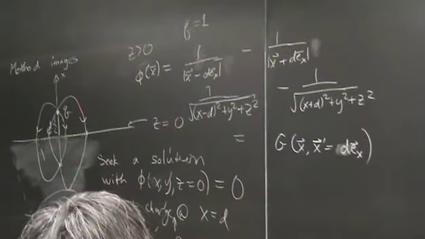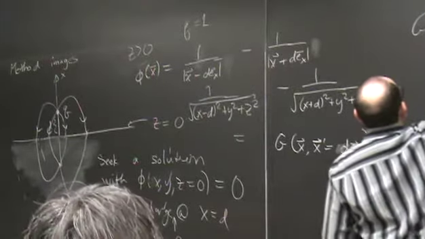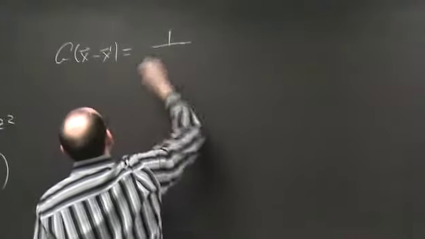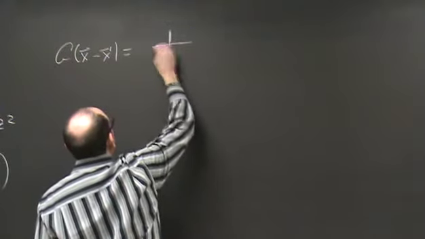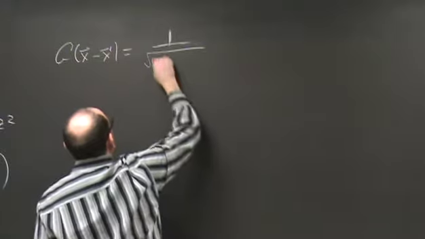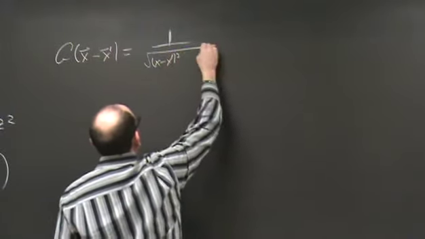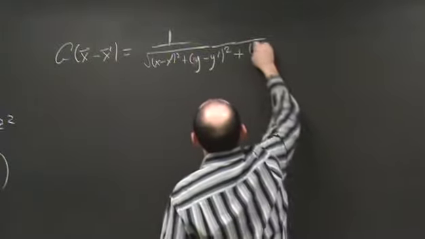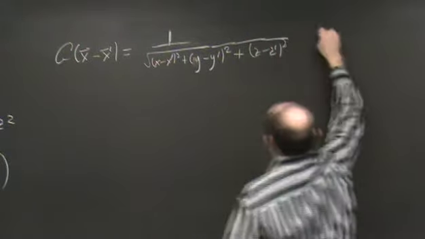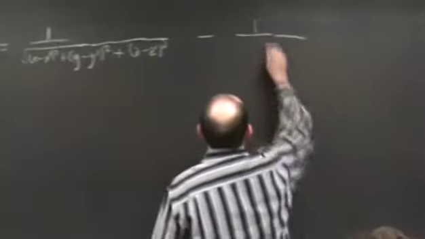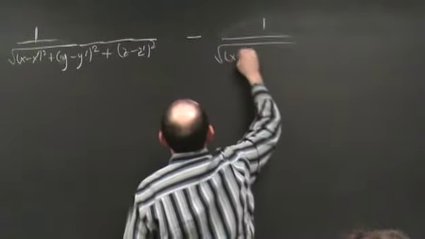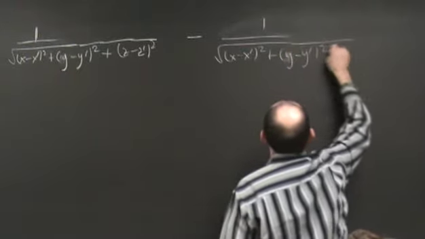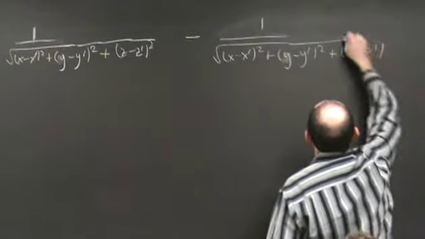And then I would write, and the general Green's function would be the square root of (x minus x prime) squared plus (y minus y prime) squared plus (z minus z prime) squared, minus the square root of... The x coordinate is the same for the image, the y coordinate is the same for the image, but the z coordinate is minus the z coordinate.